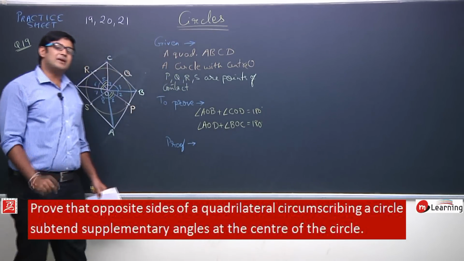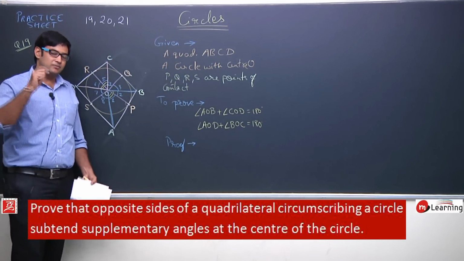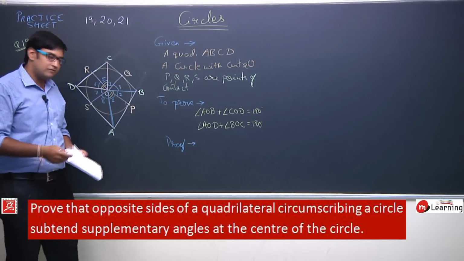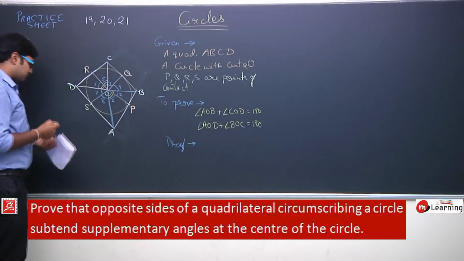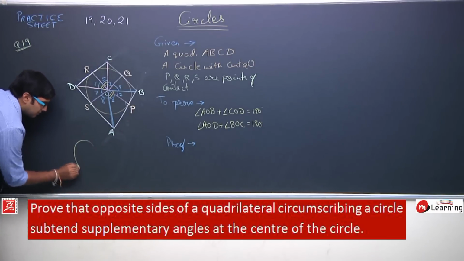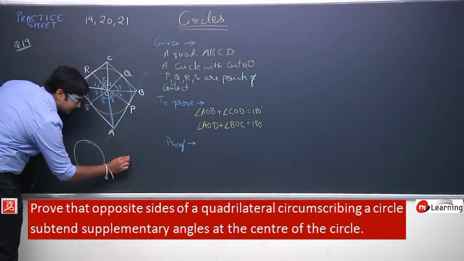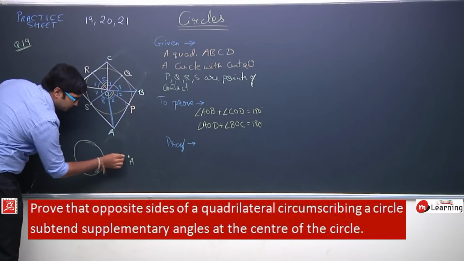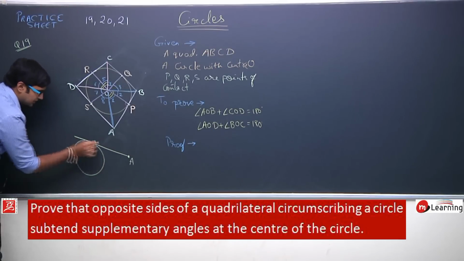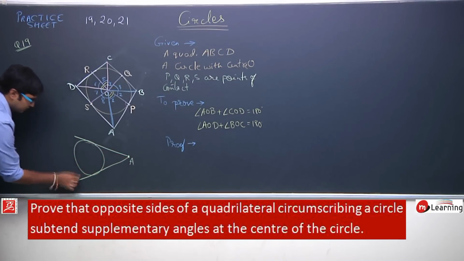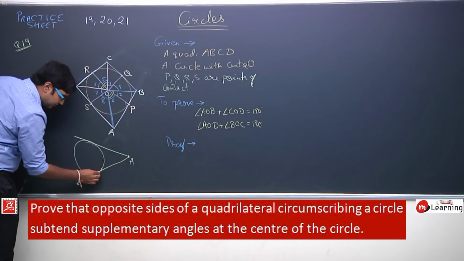Try to remember the theorem we have done previously, in which we have a circle and an external point A, and from this point we draw two tangents to the circle. This is how the two tangents will look.